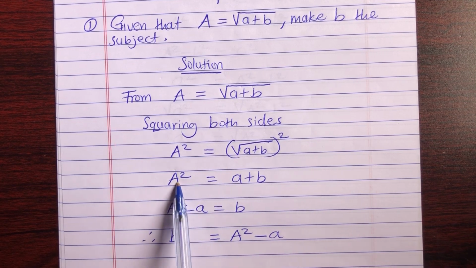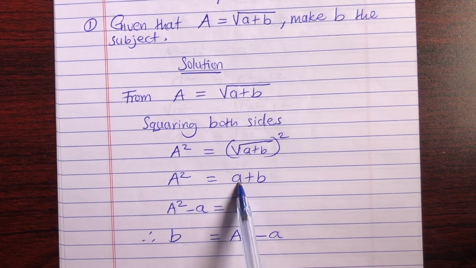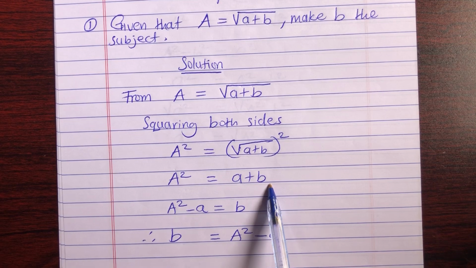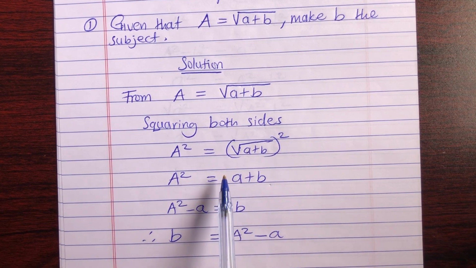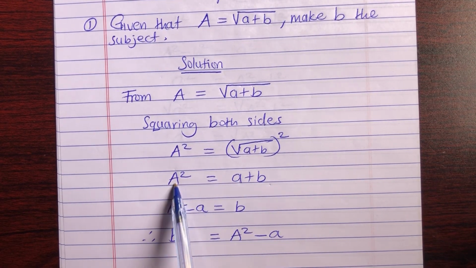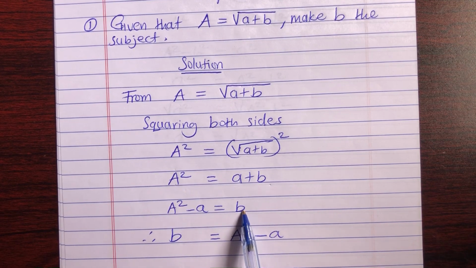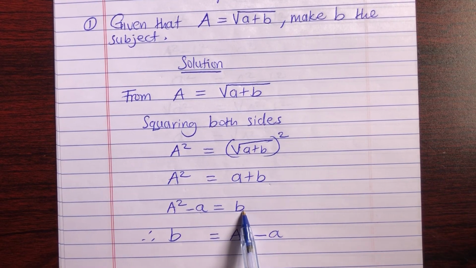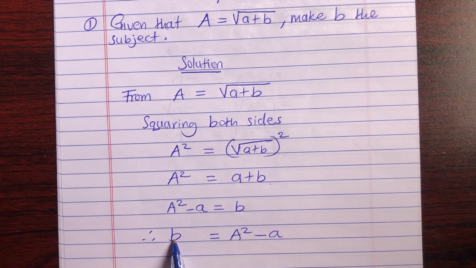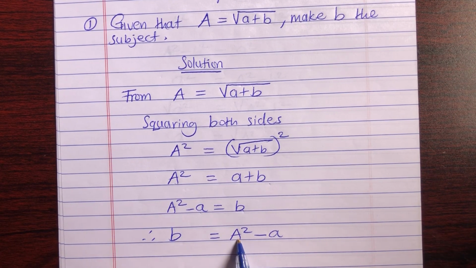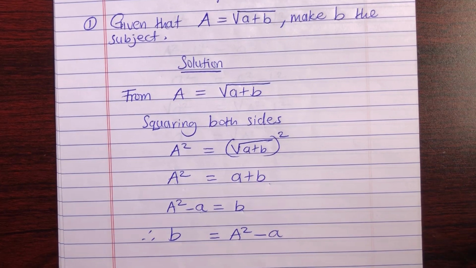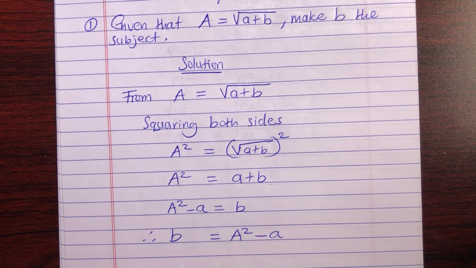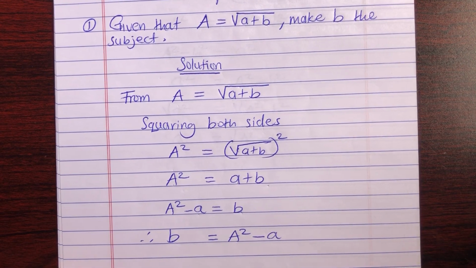So we end up with A squared equaling A plus B. Now that the fence is taken away, we can take A the other side and remain with B, which we want to make the subject. Hence, that gives us A squared minus A equaling B, thereby getting B equaling A squared minus A as our final formula after making B the subject.